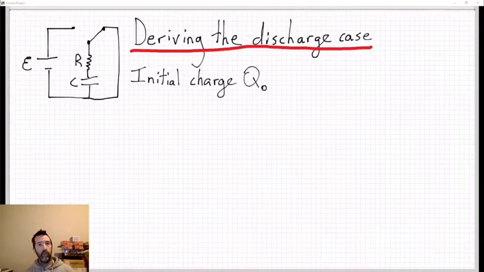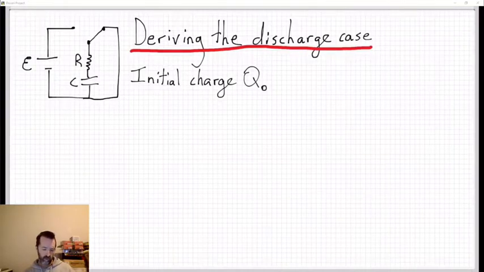And I'm going to do the discharging capacitor case first. This is the same circuit diagram that I had in the other video, but I've thrown the switch over to the right already. So I'm saying that the system was charged, so Q has some initial value, Q naught. But once the switch is over to the right, it's going to start discharging.